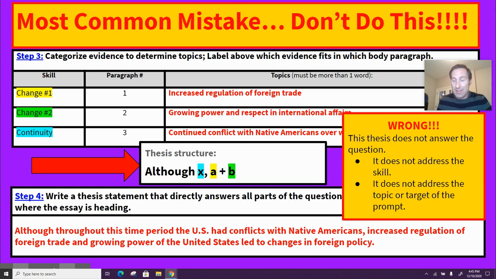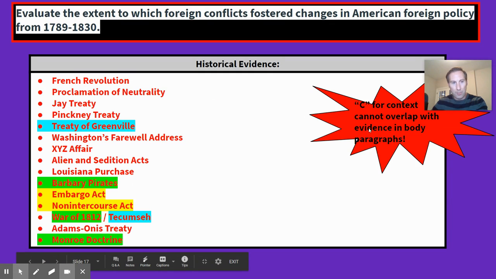And this just says that this stuff is leading to foreign policy changes, but it doesn't say what those foreign policy changes actually are. So this is a really awkward and bad way to word your thesis. And this is something that needs to be avoided. It's a common mistake that students make when putting together a continuity and change over time essay. Okay, so let's move on to the next one.